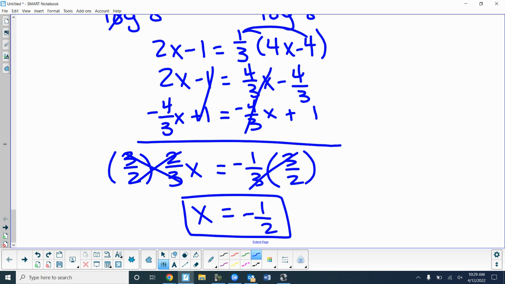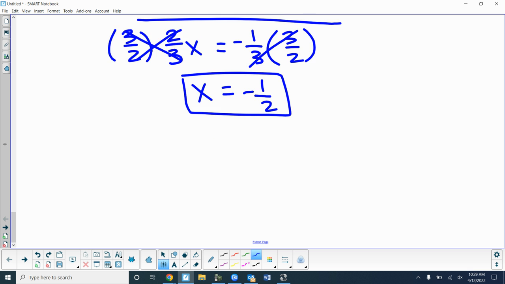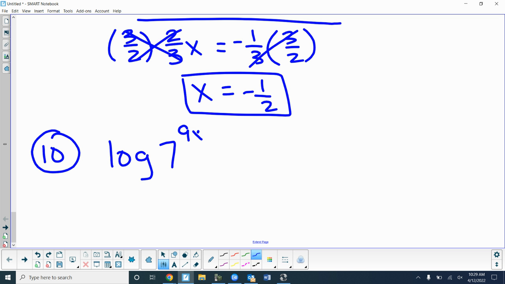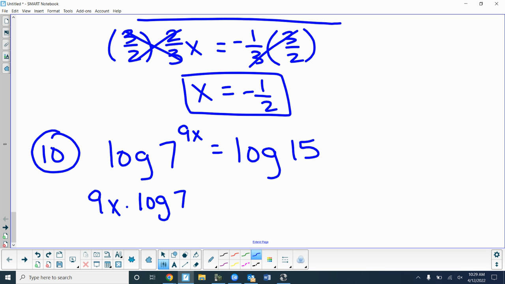Okay? And number 10, same thing. We're going to take the log of both sides. So I'm going to write the log right away of 7 to the 9x power equals the log of 15. And then I can say 9x times the log of 7 equals log of 15.